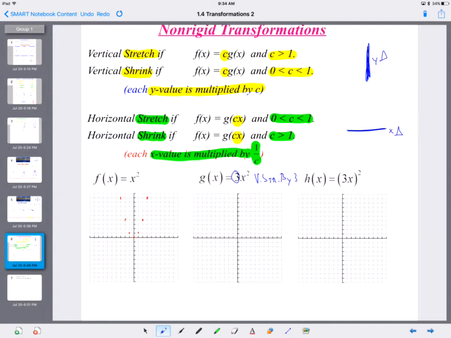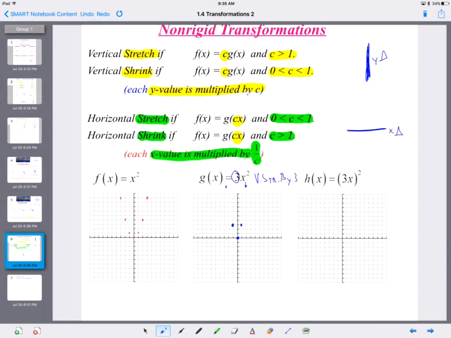Well, 0 getting multiplied by 3 doesn't do anything, so that stays at 0. 1 getting multiplied by 3 becomes 3. And then the 4 would get multiplied by 3 and become 12, so that'd be somewhere up here. And on the other side, the same thing is happening: negative 1 getting multiplied by 3, and then the 4 getting multiplied by 3.